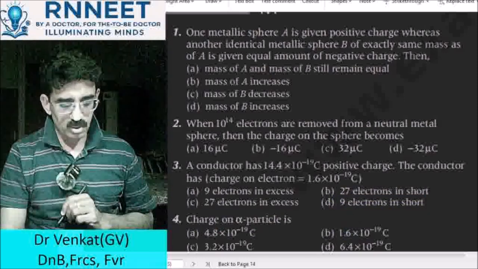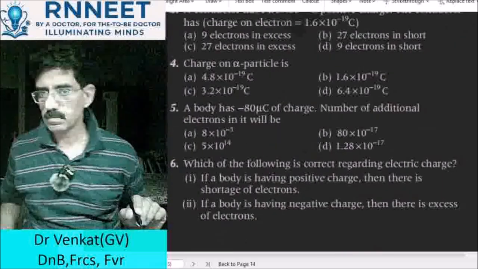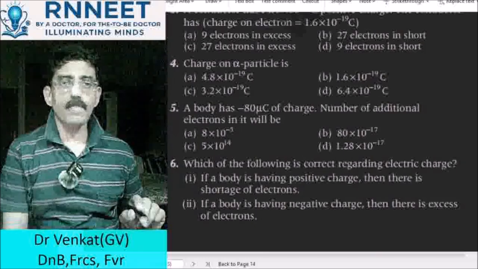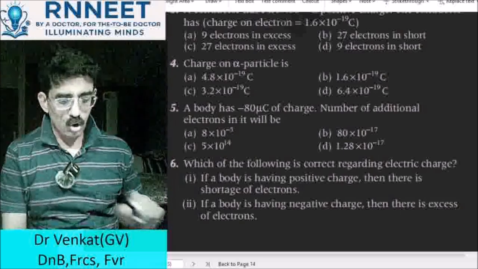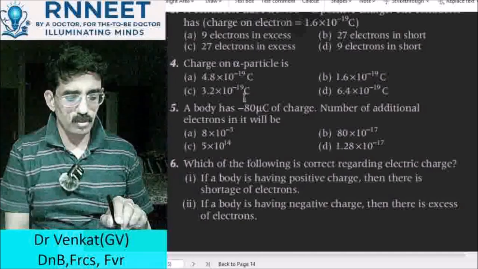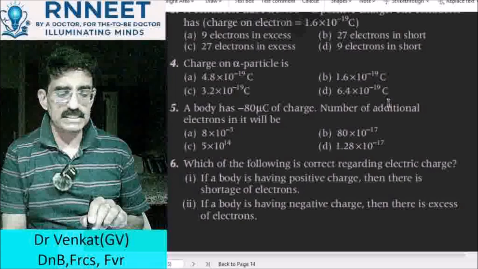Okay, we'll go to the next question. The charge on an alpha particle is 4.8 into 10 to the power minus 19, 1.6 into 10 to the power minus 19, 3.2 into 10 to the power minus 19, or 6.4 into 10 to the power minus 19.